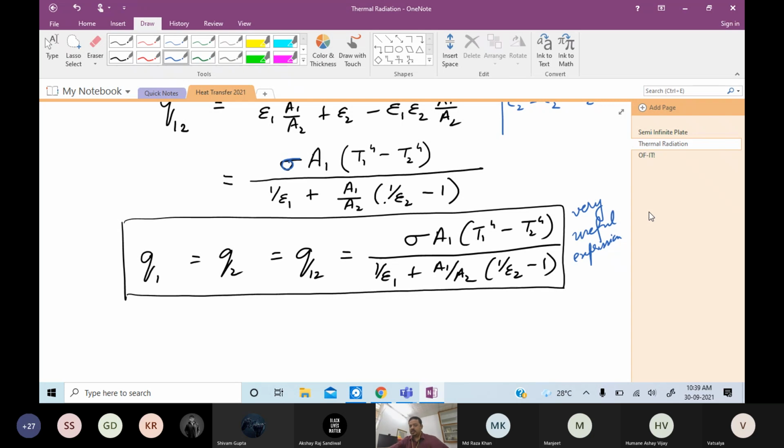One thing, you can just look at this equation for a while. Now make A1 equal to A2. Do you get back the previous expression for two parallel plates? You do, right?